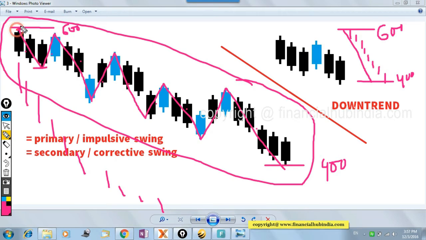Maybe from 600 there is a fall for maybe 20 points up to 580, and then from 580 there is an up move for 10 points. Then again from 590 there is a down move for maybe 40 points, for example 550. So there are small straight line momentums, but overall it is a zigzagging momentum we can see on the chart.